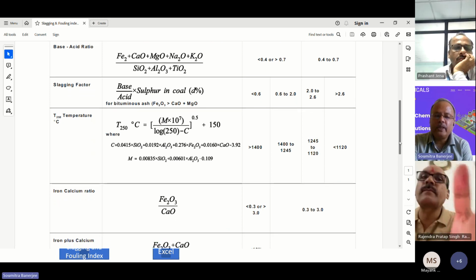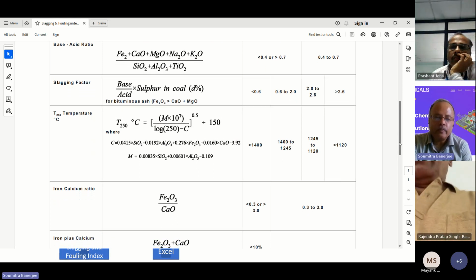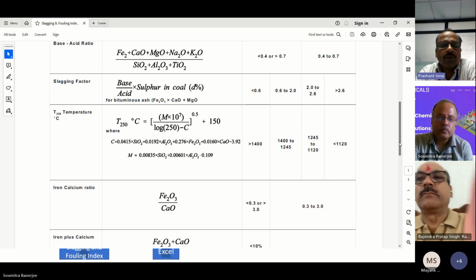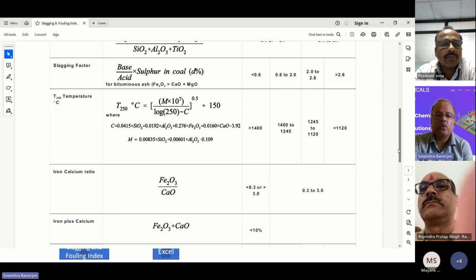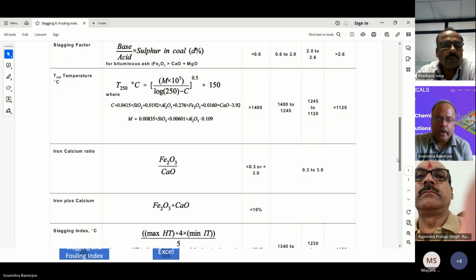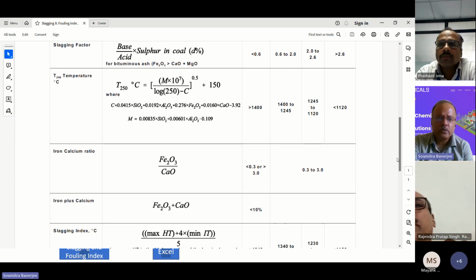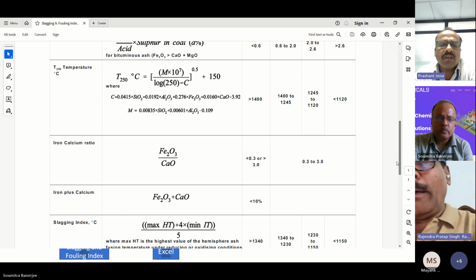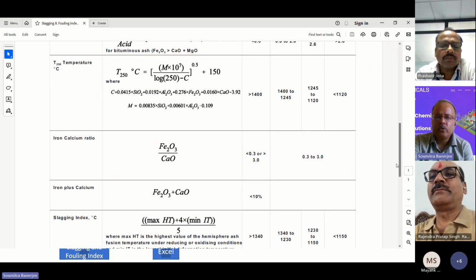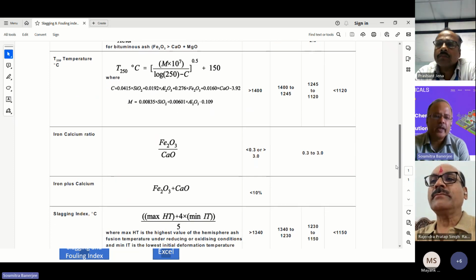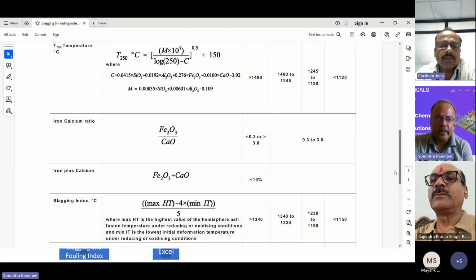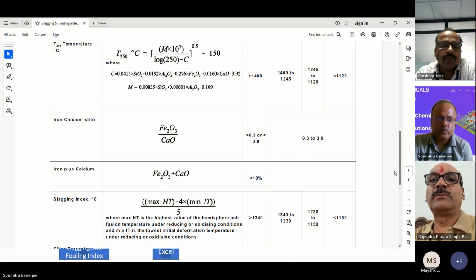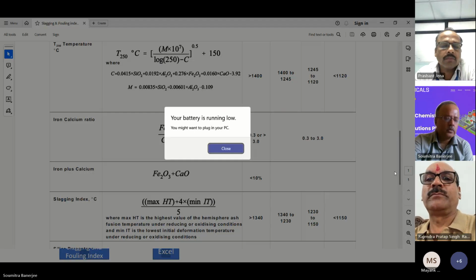You have AFBC and CFBC boilers only, right, sir? No, we have only AFBC boilers. AFBC boilers, okay. And old boilers, quite old boilers? Not old, hardly. On an average, it is 10 to 11 years. Okay. And you don't have this fouling and slagging propensity in the system? No, no. Just a moment.